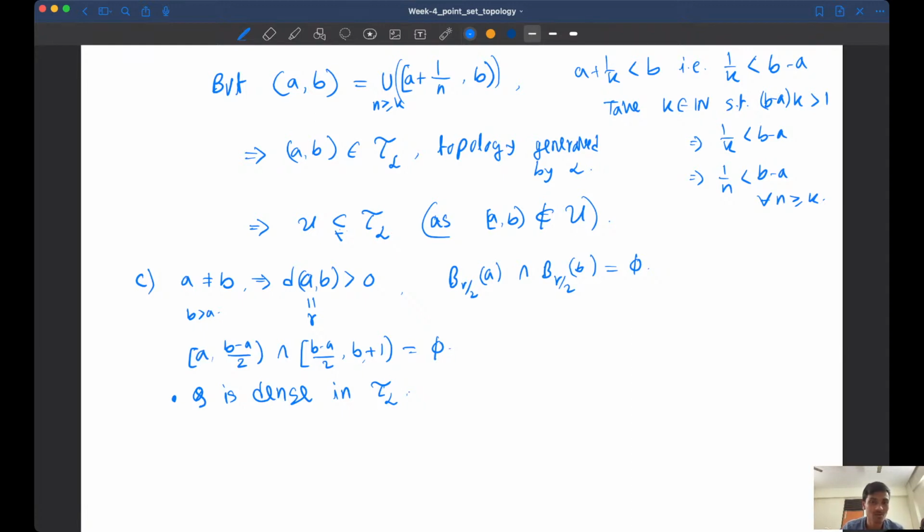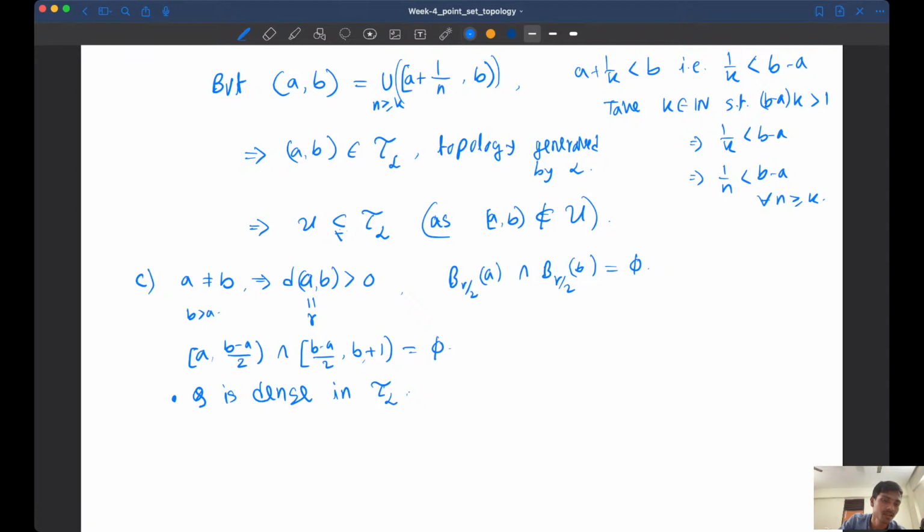Namely, you consider this topology union with Q complement, but that may not be a topology, because again intersections should lie there. So you consider all possible intersections also, and make that a topology where Q complement is open.